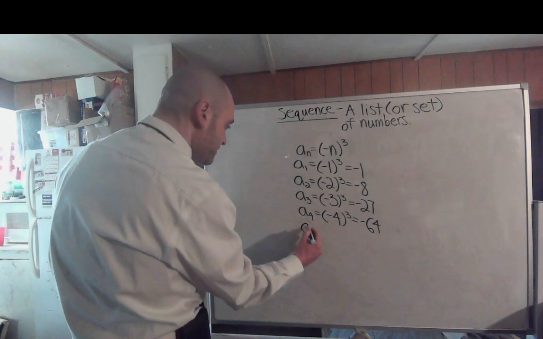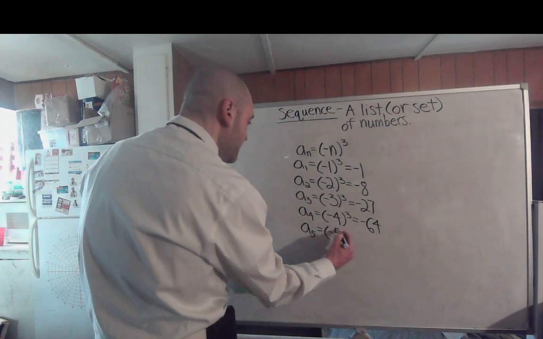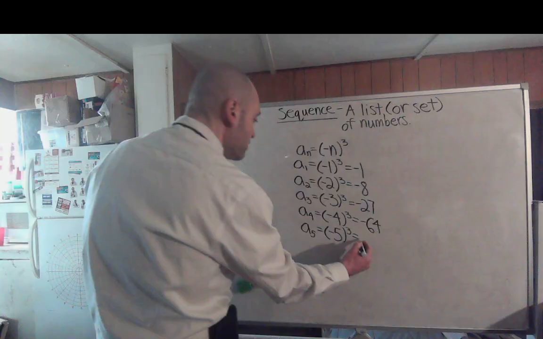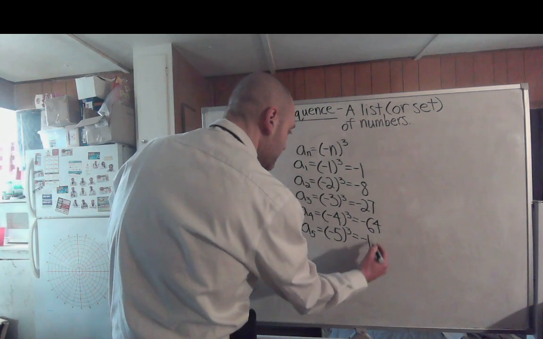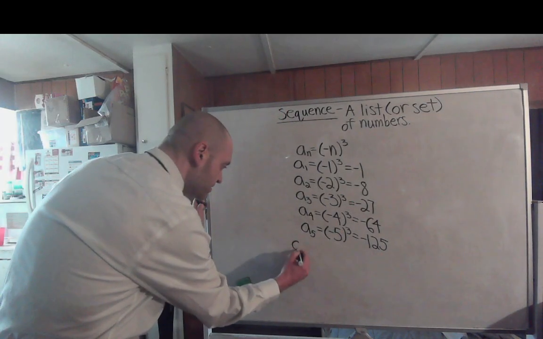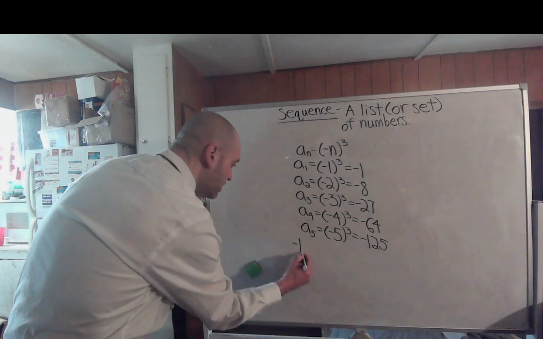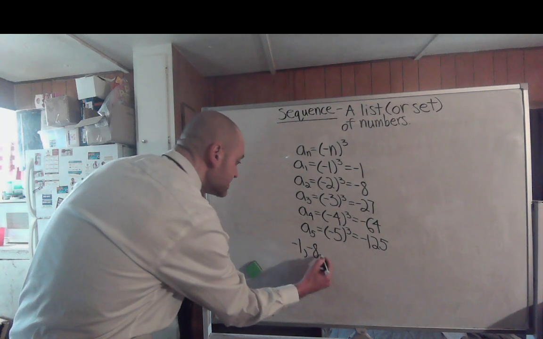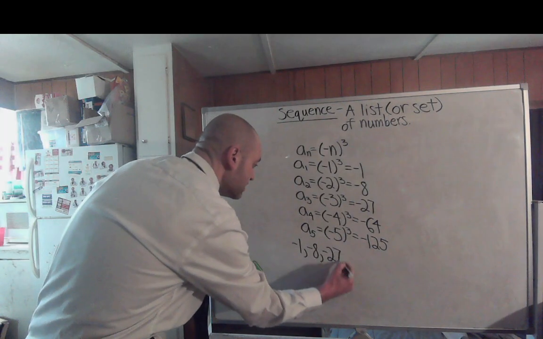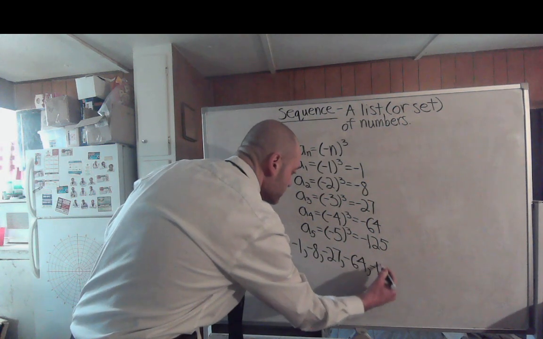And then for your 5th term, a sub 5, that would be negative 5 to the third power. Well, that's going to end up being negative 125. So the first 5 terms of your sequence are going to be negative 1, negative 8, negative 27, negative 64, and negative 125.